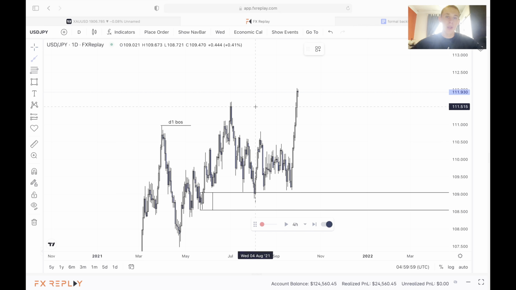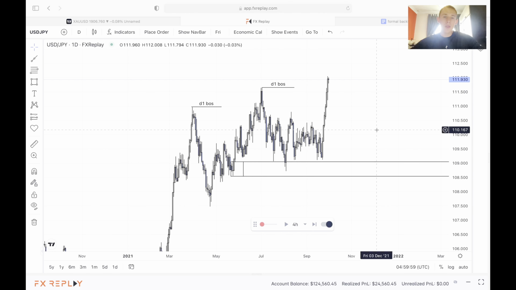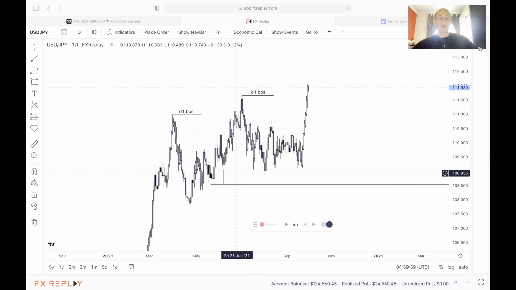And there we have another daily breaker structure to continue the overall uptrend. So if we highlight that, daily breaker structure. What I like to do is when we have mitigations of the demand, I like to keep these boxes on the chart just to remind me of where the key points in the trend are.